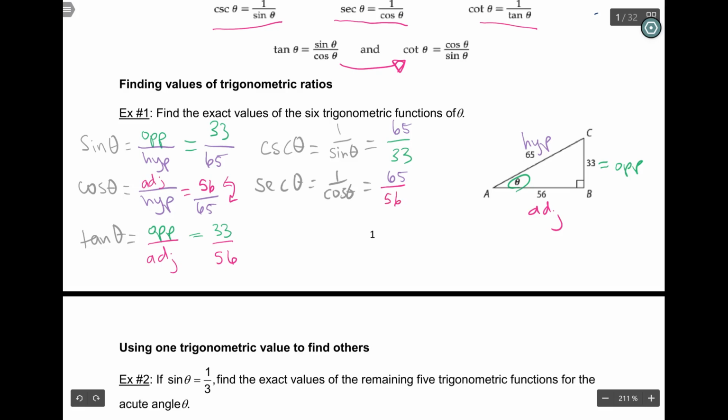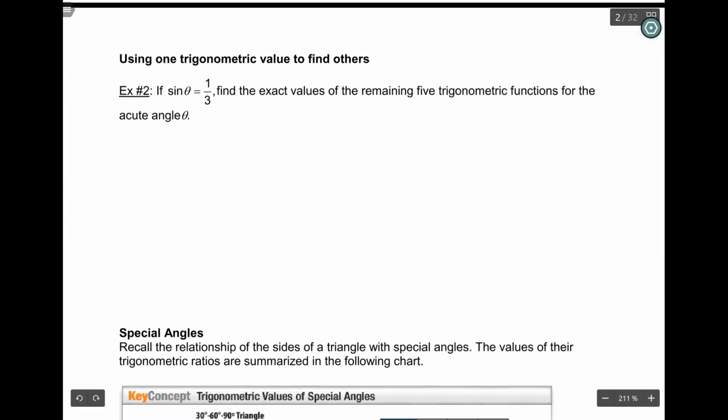And then the last one, cotangent, is just 1 over tangent of theta. So you take the inverse, so it's adjacent over opposite, so you have 56 over the opposite of 33. Cool.